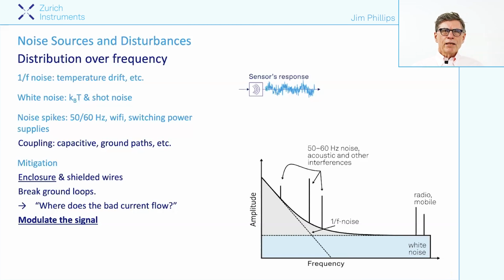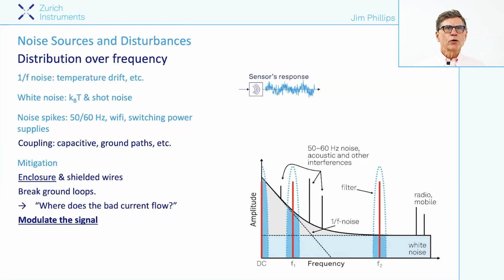Now, the main tool we have after we've taken those basic steps is to modulate the signal, to choose our frequency so that we are operating in a range where there is no other noise. It is modulation with a lock-in amplifier that allows you to choose your frequency.